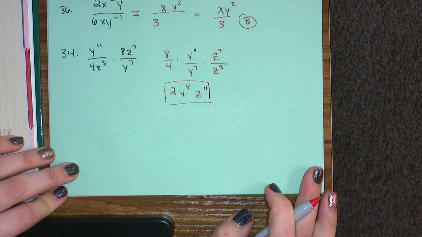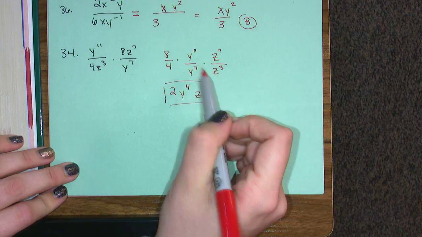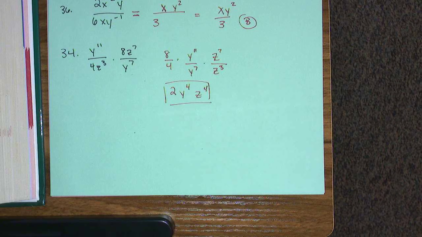Because I don't have any negative exponents, and these numbers are smaller, so I'm moving them. You always want to move the smaller number, or if you have negatives, you want to move the bigger negative, basically. Because if I had moved it the other way, they would be negative, and they would be on the bottom.